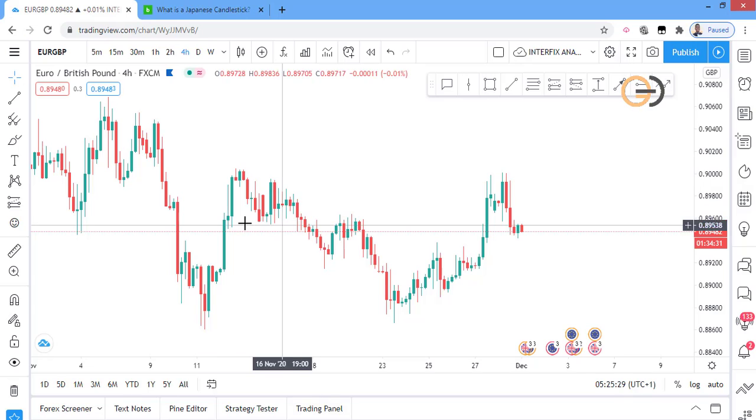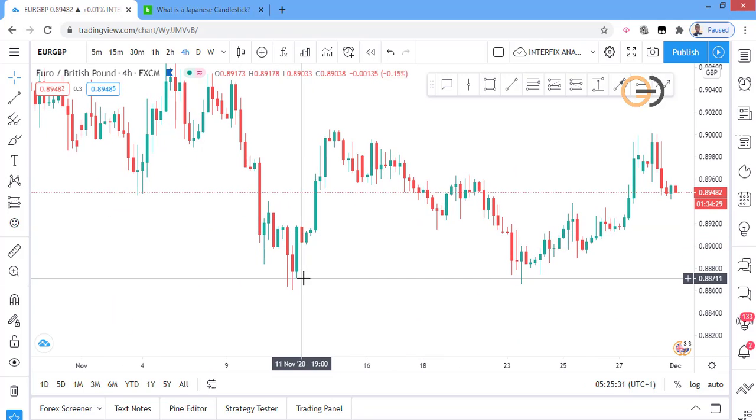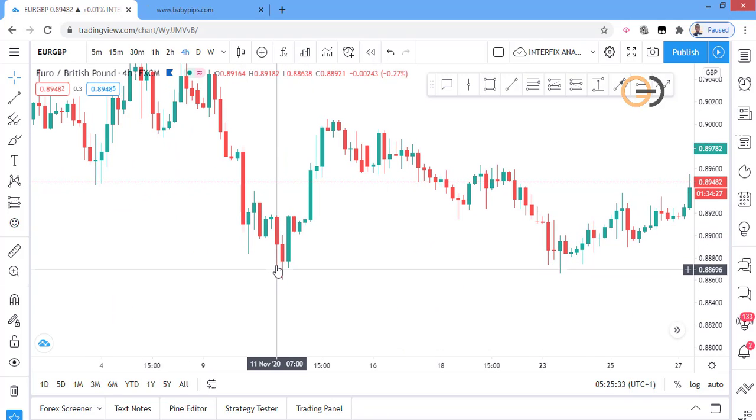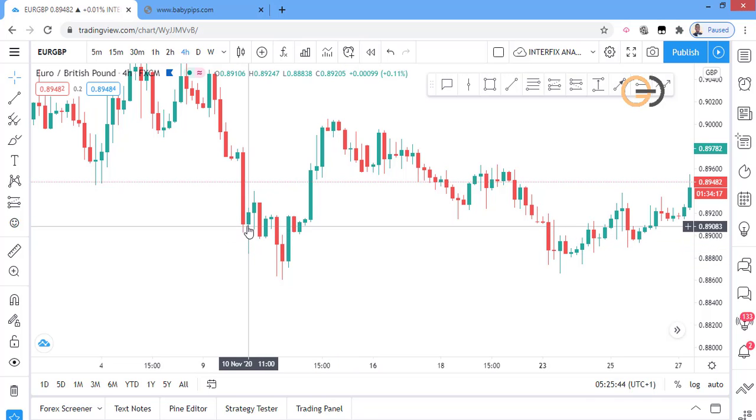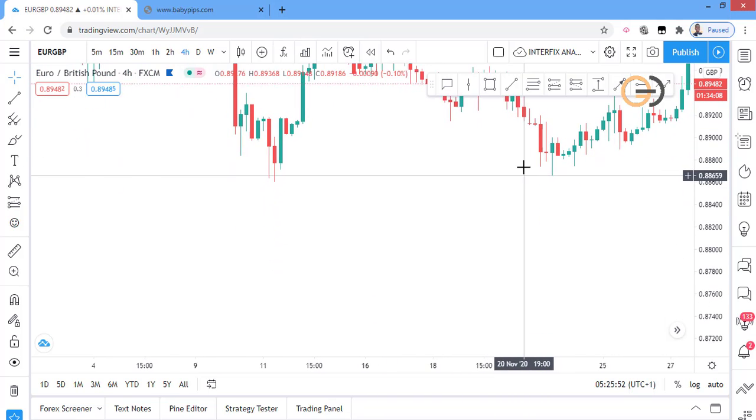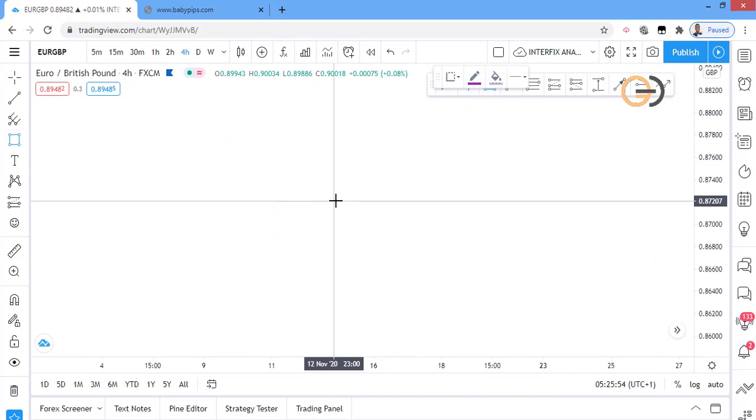So the basic thing is that when you see a candlestick having a very long wick to the downside, it's a sign of buying pressure. When the candlestick has a long wick like this to the downside, it's a sign of buying pressure.